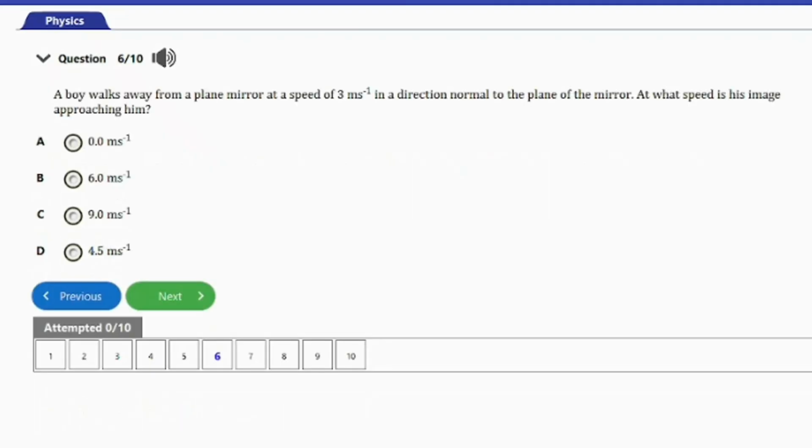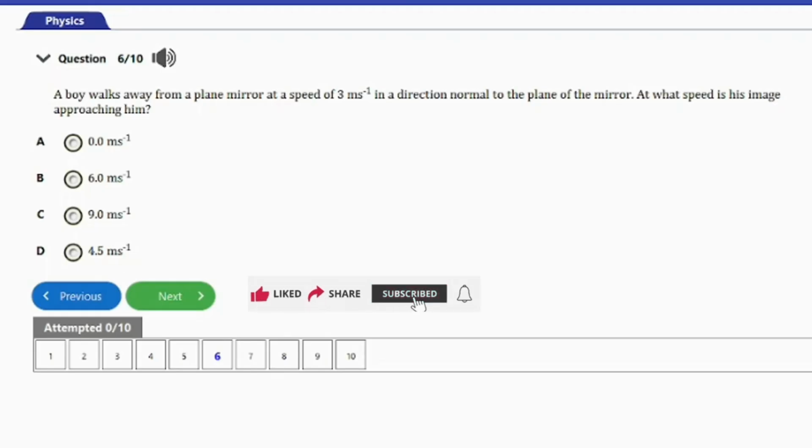So that's question number 6 here. It says, a boy walks away from a plane mirror at a speed of 3 meters per second, and this is in a direction normal to the plane of the mirror. At what speed is his image approaching him?